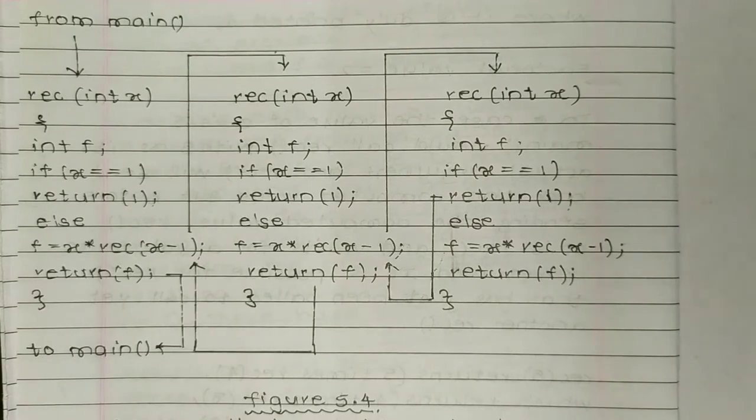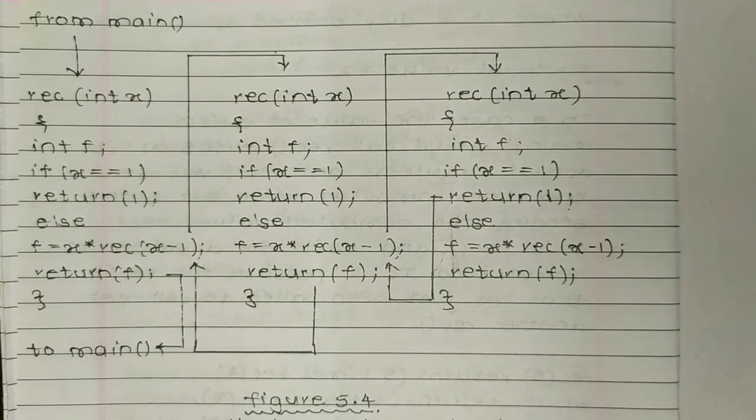Since x is not equal to 1, the else statement will be performed: 3 into rec of 3 minus 1, that is 2. So 3 is not equal to 1, the if statement is skipped and the else statement is carried out.